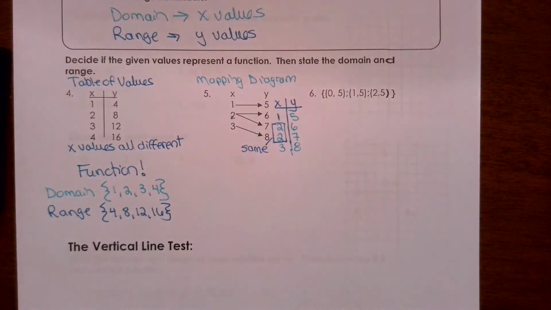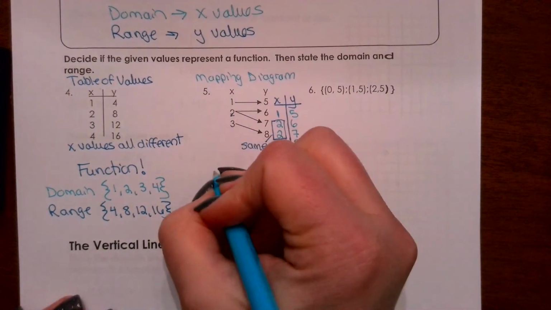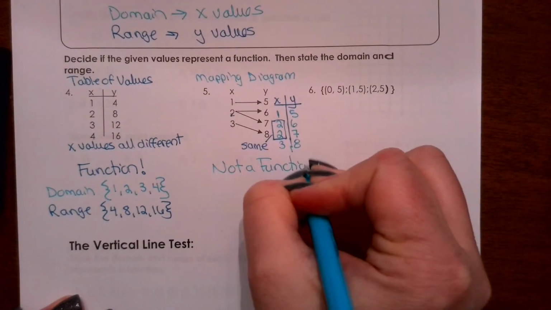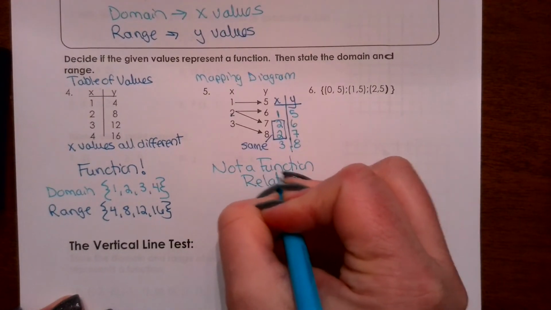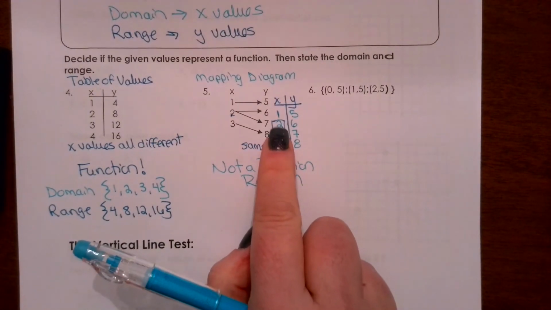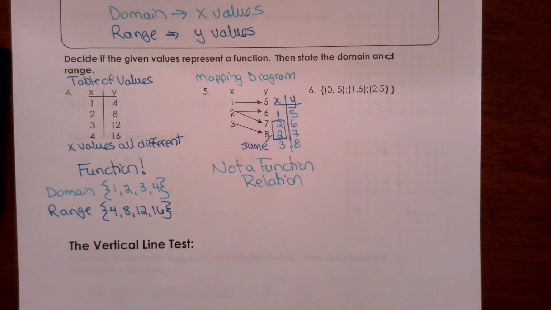So this is not a function. We could either write not a function, or it is just a relation. So this was not a function because I have 2 outputs, but they're not paired with only one input.